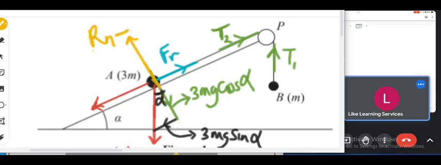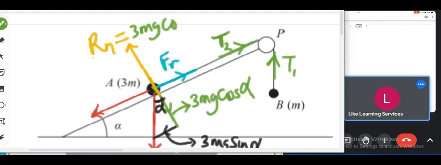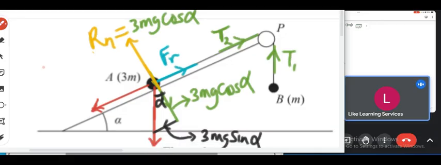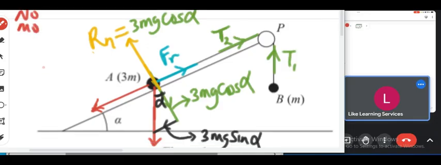All of that is to tell you that normal reaction must be equal to 3 mg cos alpha. Why? Resultant force in the vertical plane is 0. You can say no motion perpendicular to the plane.